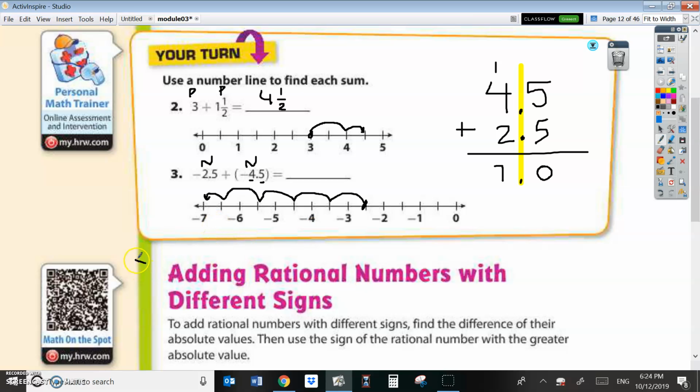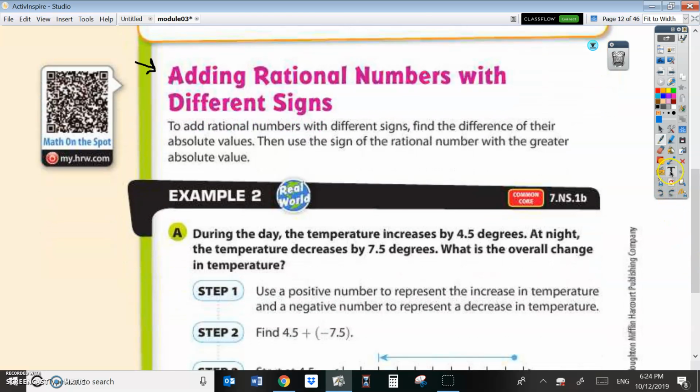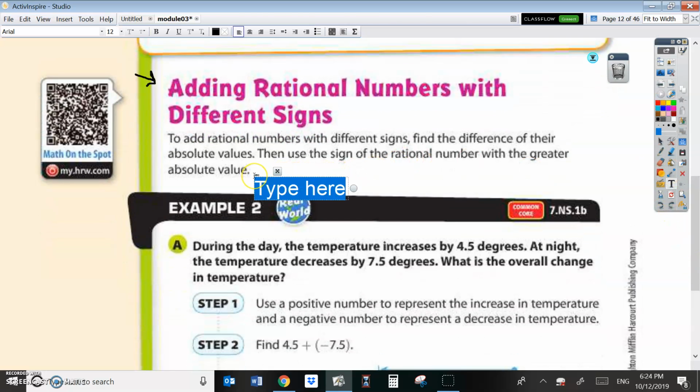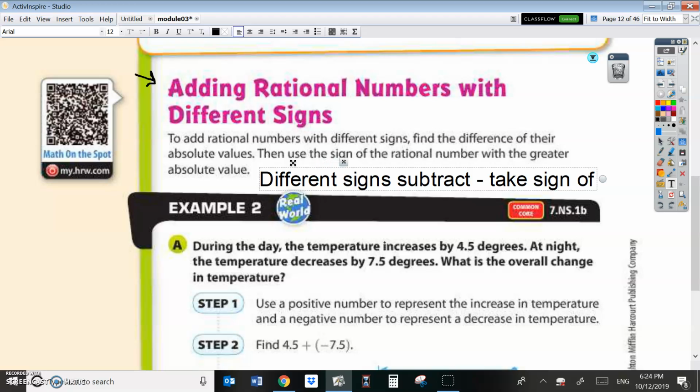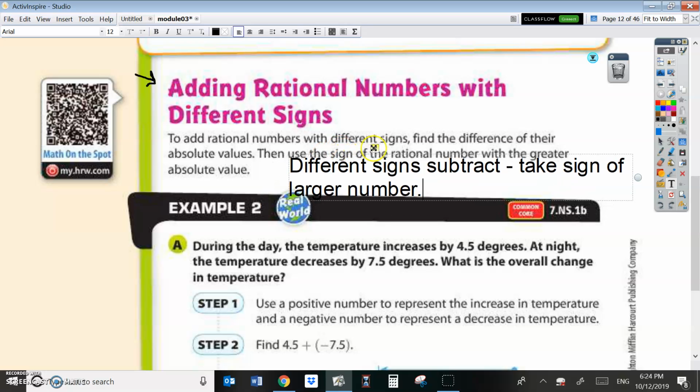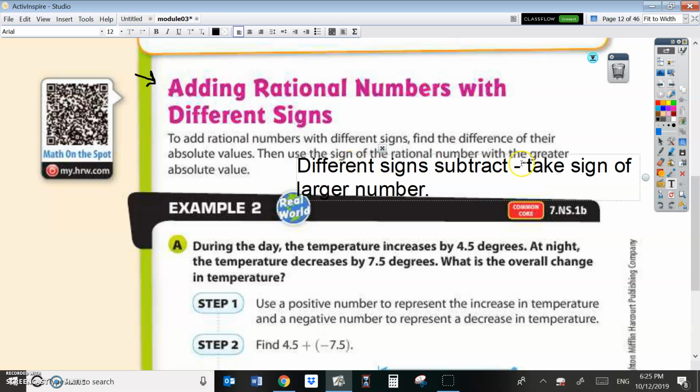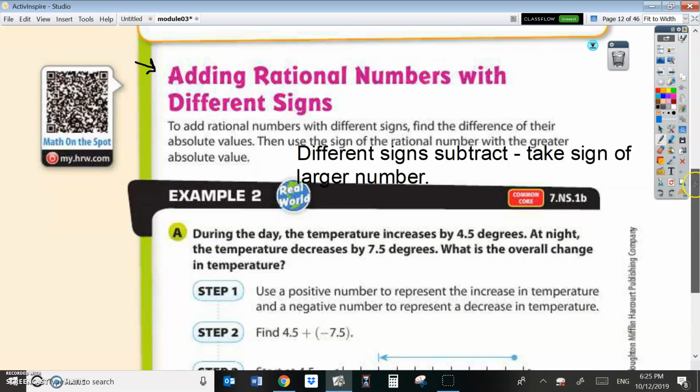Okay? Now adding rational numbers with different signs. So we're still having the same rule as before. With different signs, subtract, takes sign of the larger number, then you'll be exact.